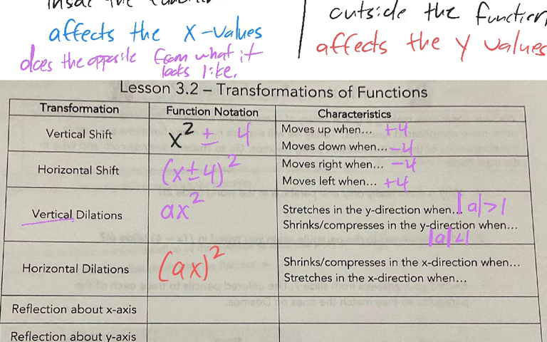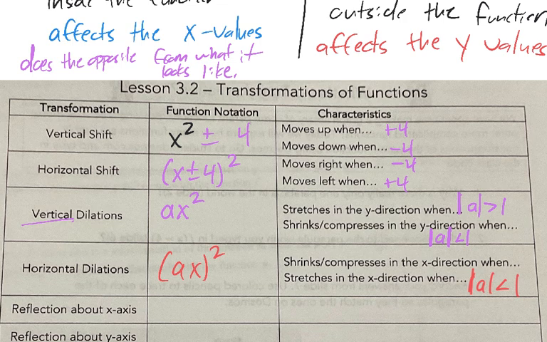It's opposite, so when it's a fraction. Yes. When it's a fraction, it's a horizontal stretch because everything on the inside does the opposite from what you think it should do. So it would be the absolute value of a is less than 1. It'll stretch it. But it's greater than 0. Same reasoning. Again, you're never going to see a be 0.